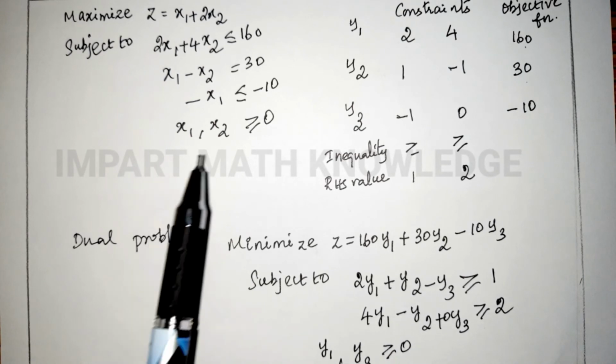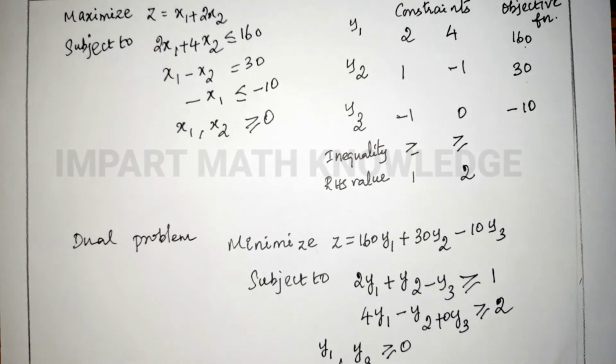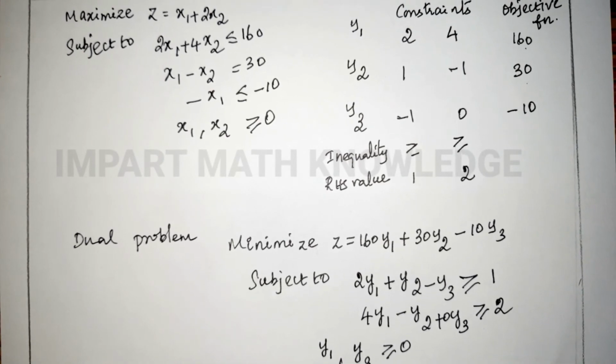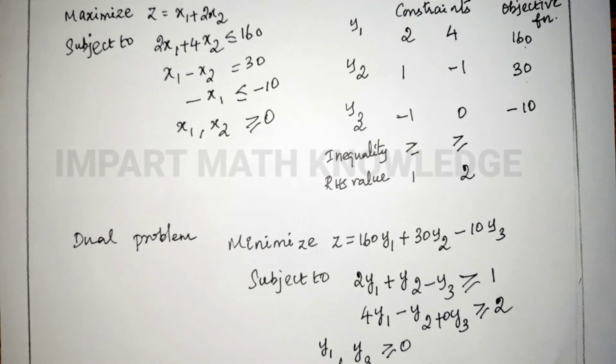And in the primal problem, your second condition is equal symbol. So, while writing non-negativity condition, your second variable is unrestricted in sign. So, whenever you have an equality symbol, you have to be very careful in writing the non-negativity condition. Since the second condition is equality form, here the second variable is unrestricted in sign.